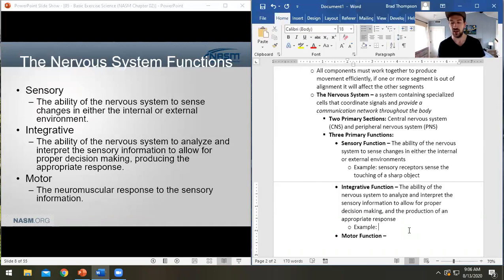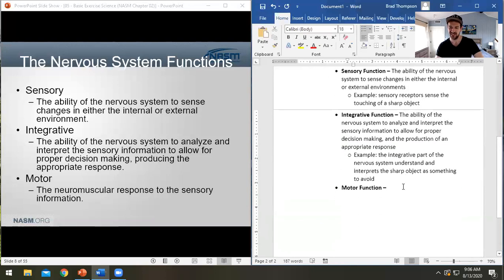And so the integrative part of the nervous system understands and interprets the sharp object as something to avoid. That's a pretty good way to put it, I guess.